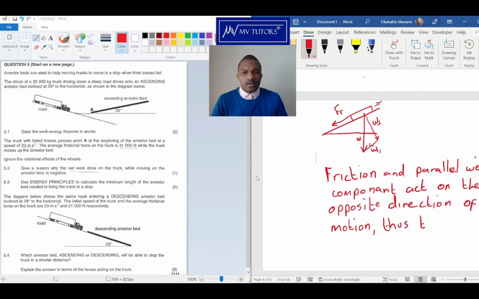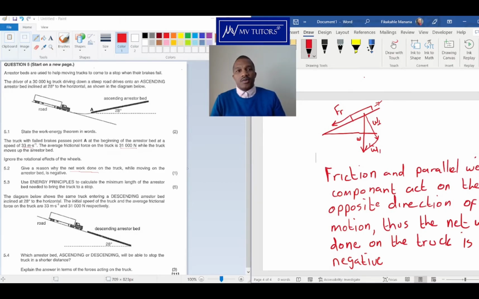Thus, the net work done on the truck is negative. Okay, that's the statement they wanted us to prove.